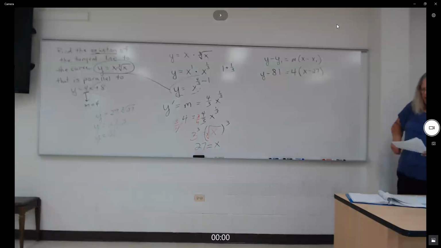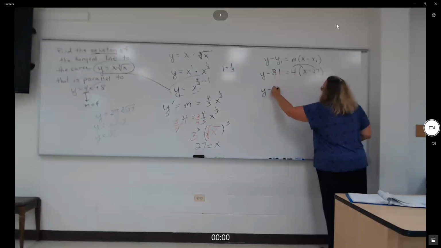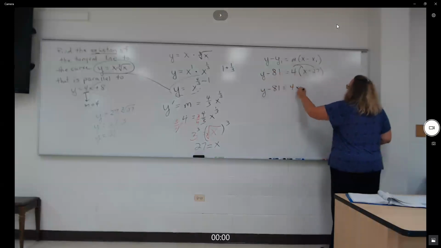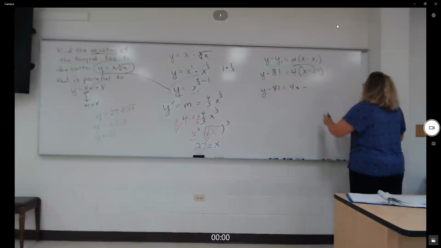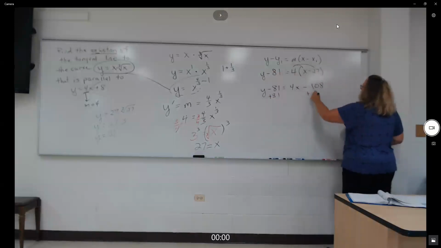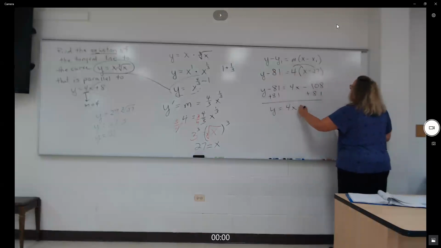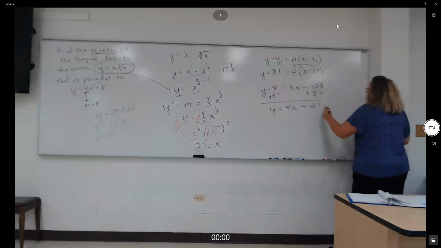That answer is fine. Again, for WebAssign, if they make us multiply it out, y minus 81 equals 4x minus 108. And then if we add 81, kind of weird, we just happen to get negative 27.